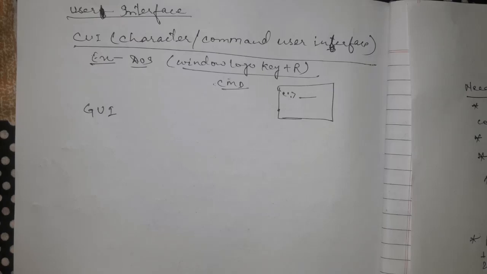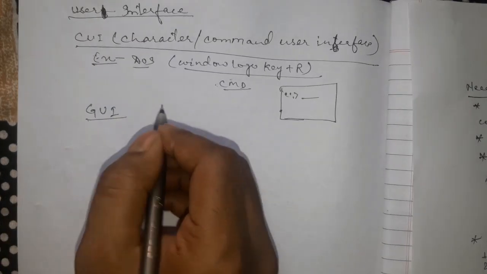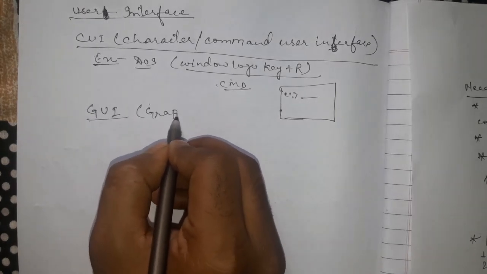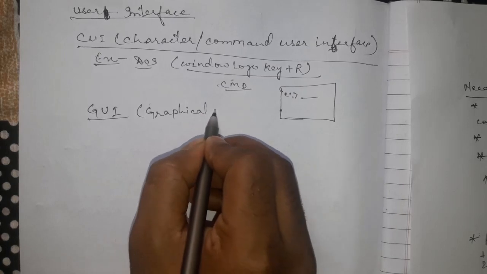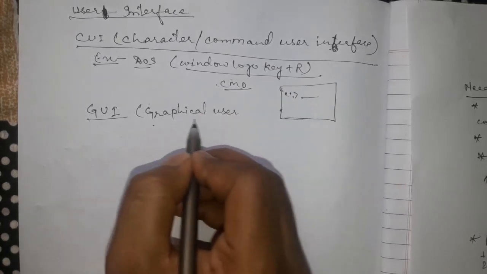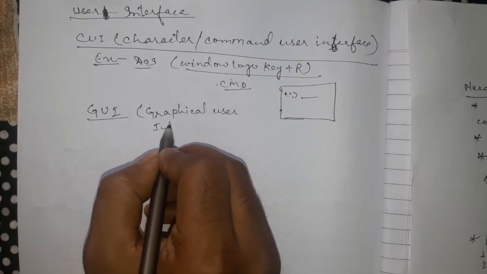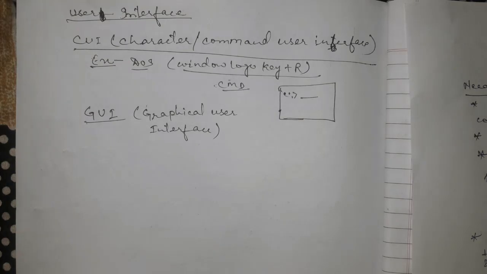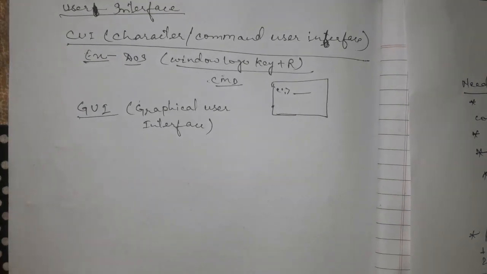You use all these things. GUI stands for graphical user interface. So let's understand the difference between CUI and GUI.